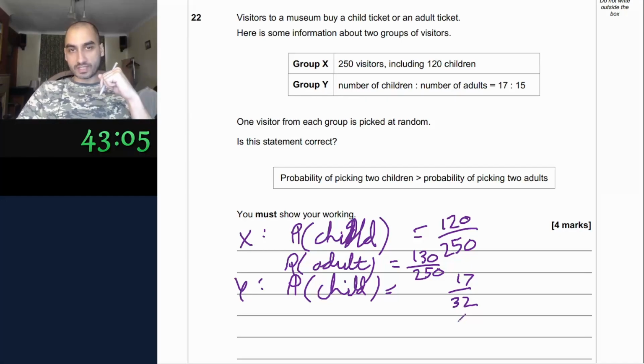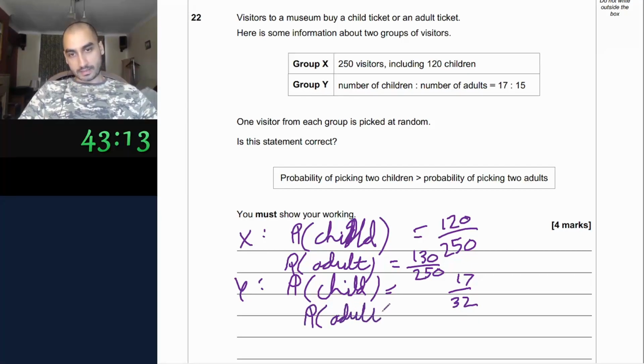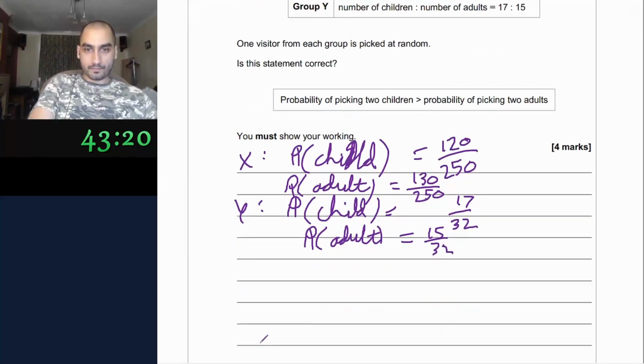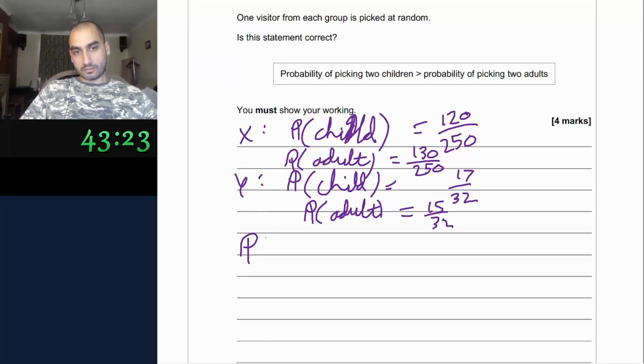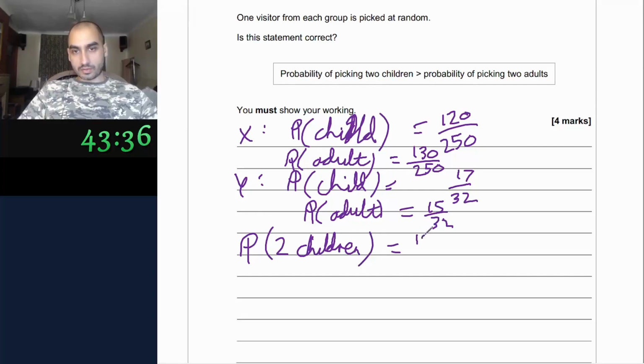So you add, that's using the ratio. Probability of adult equals 15 out of 32. So overall, probability of 2 children equals, just simplify it, 12 out of 25 times 17 over 32.